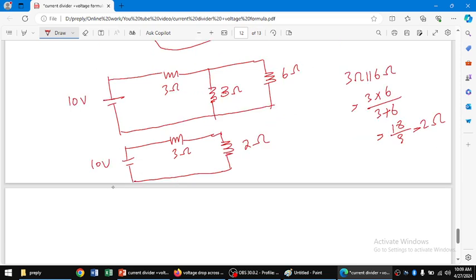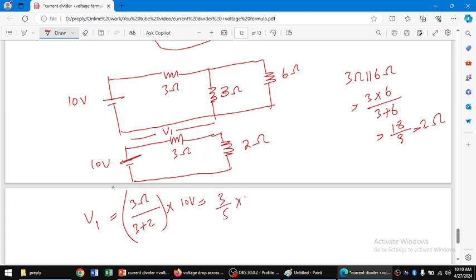In order to get the voltage across the 3 ohm, suppose this is V1. V1 is equal to R1, 3 ohm, divided by 3 plus 2, and we multiply with the source potential, 10 volt. So 3 over 5 multiplied by 10 gives us 6 volt. So the voltage across the 3 ohm is 6 volt.